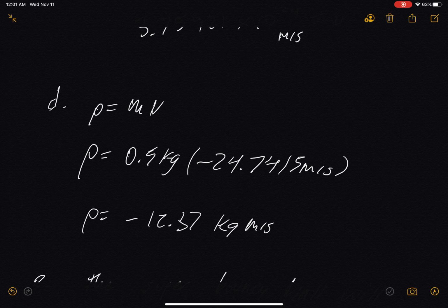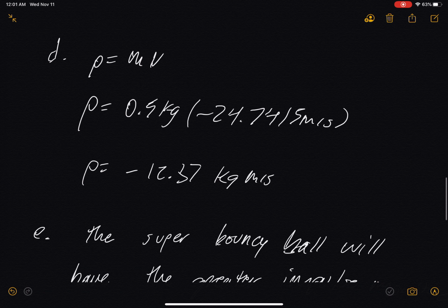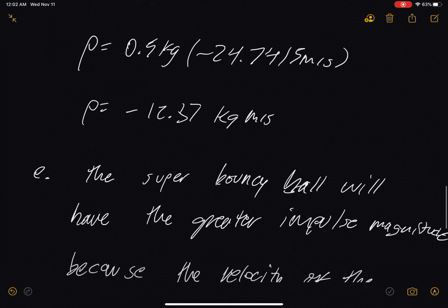P equals mv, our mass stays the same, 0.5 kilograms, times our velocity of the ball just before it hits the ground. Because the ball sticks to the ground and doesn't come back up, we don't need to take into account the velocity after the collision. So we just multiply that mass times our velocity, and our impulse is negative 12.37 kilogram meters per second. So the impulse that the ground experiences due to its interaction with the clay ball is negative 12.37 kilogram meters per second.